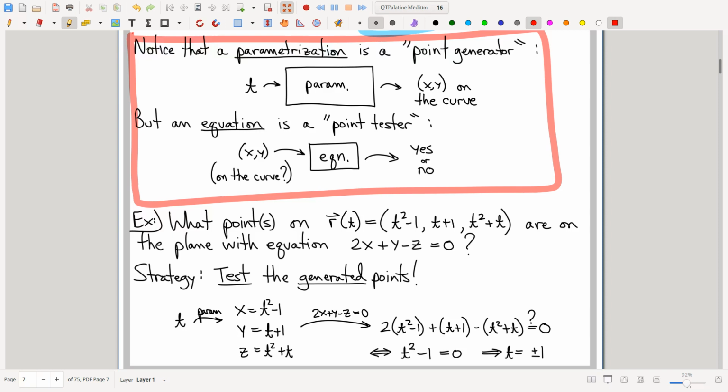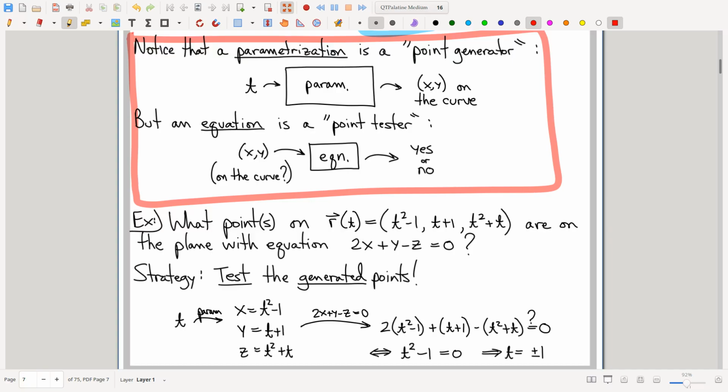And as I have written here, parameterizations generate points. Equations test points. Equations don't produce anything. Right? If you have a point, you can plug into the equation and see if it works. But parameterizations literally produce points.